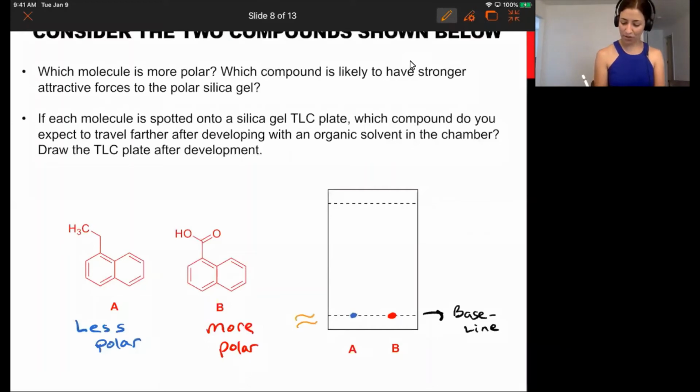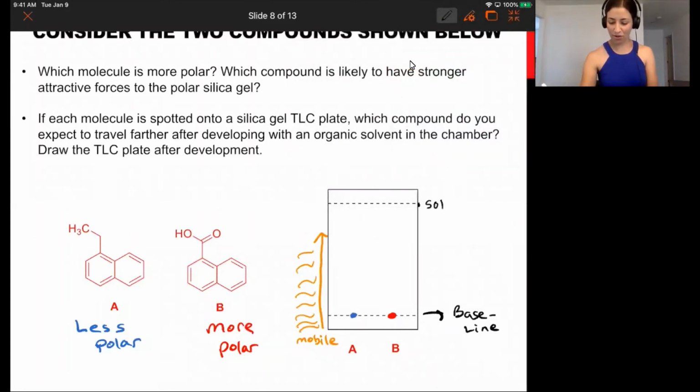And we're going to allow our mobile phase to travel up the plate. And we're going to go up all the way to, again, what we call our solvent front. Remember, we always stop that before the very top of the plate.